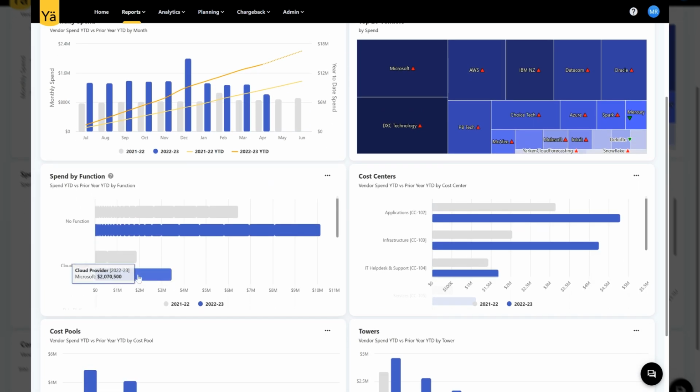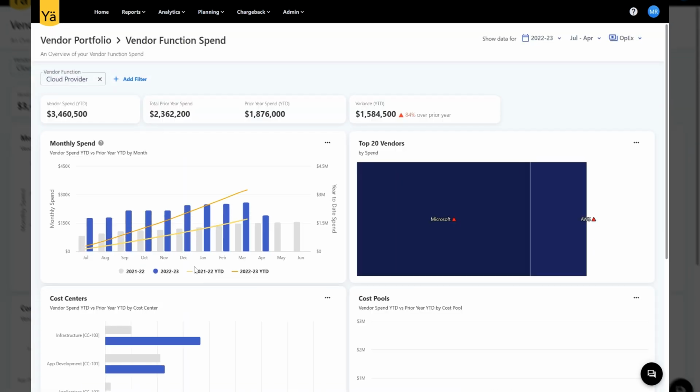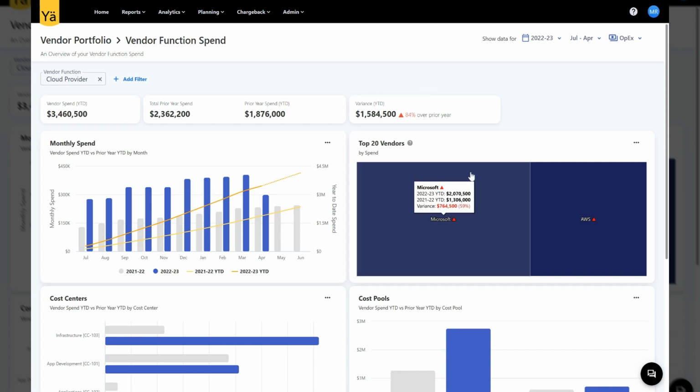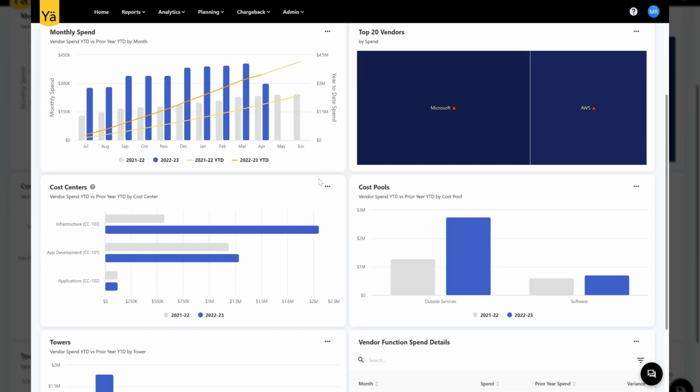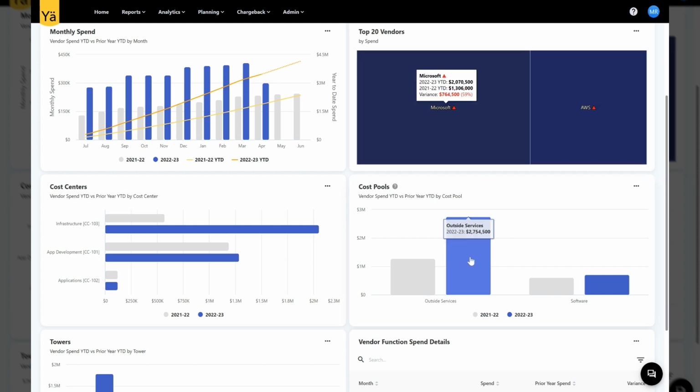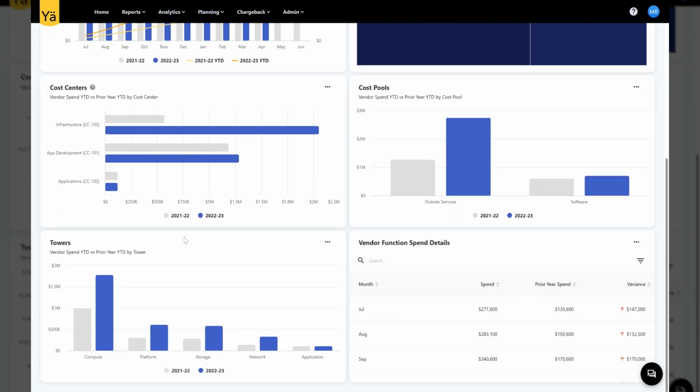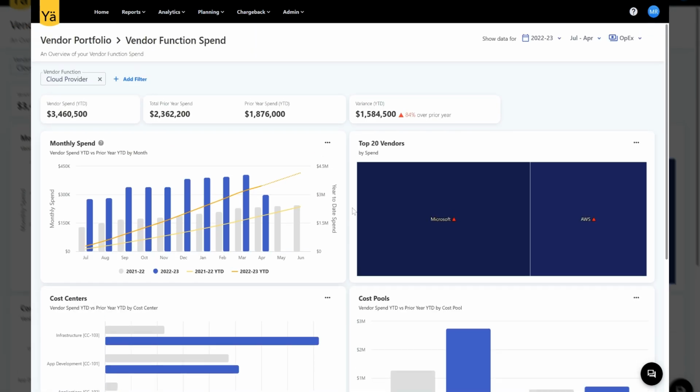So we got here two cloud providers, obviously, and we can have a look at the vendors that are playing in the cloud provider space. Infrastructure, what are the cost centers that are using our cloud services? Obviously, there's some software cost and some outside services cost here as well, and as predicted, a wide spread across the towers for these two vendors in the space.